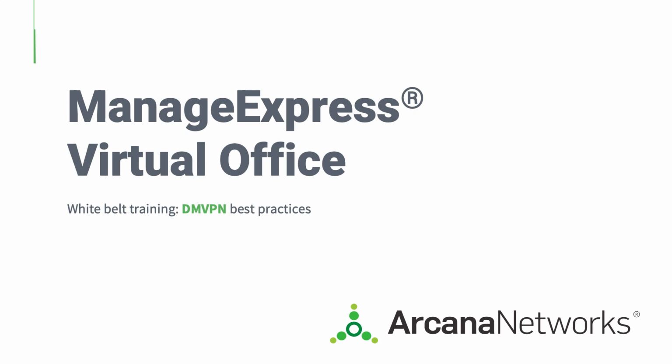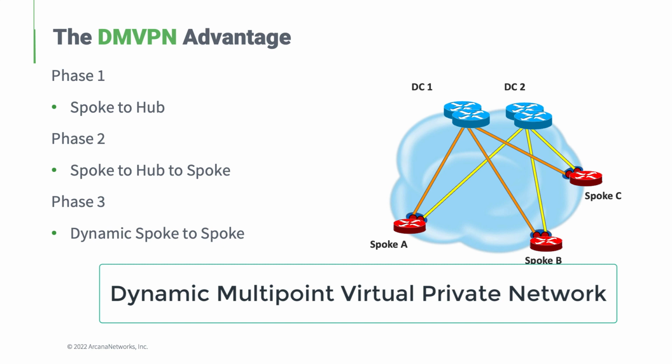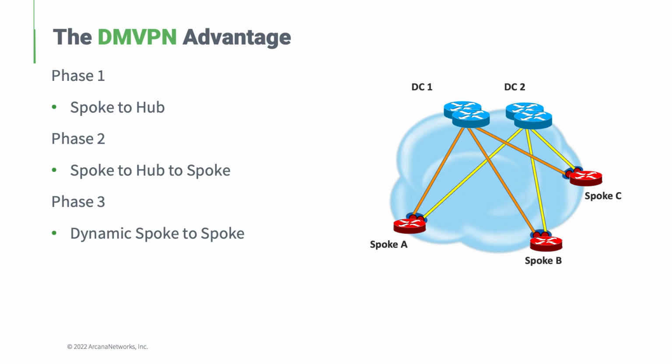In today's White Belt training video, we're going over DMVPN and best practices as it pertains to a MEVO managed environment. Now, I'm sure many of you are already familiar with the term DMVPN. It stands for Dynamic Multipoint VPN, and it was advertised as a replacement for MPLS back in the day when DMVPN was a huge buzzword.